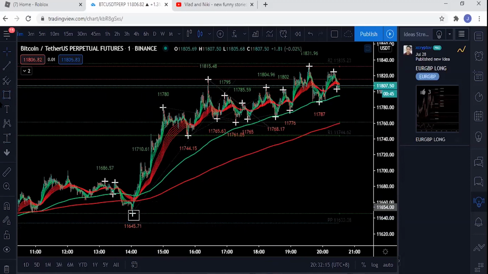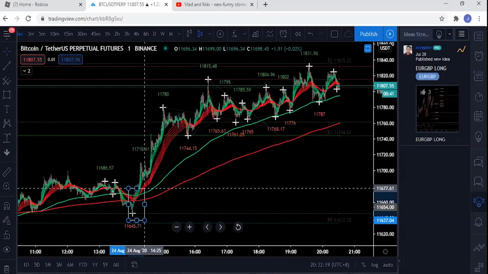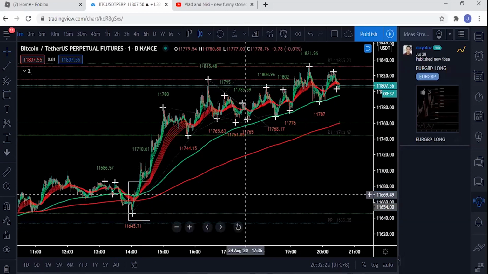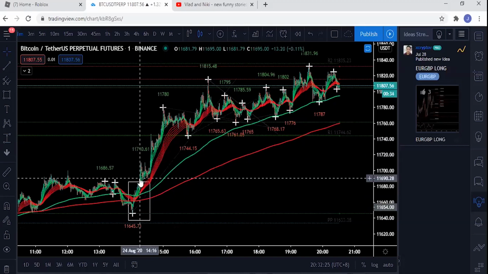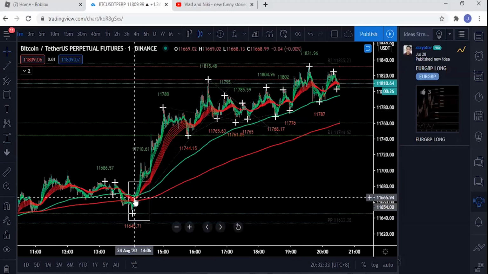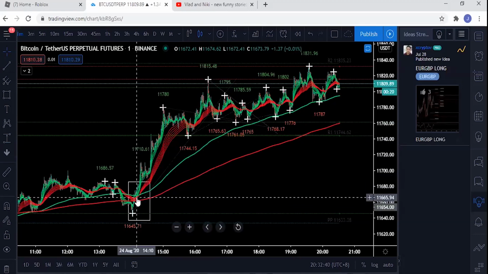Our first confirmation is our crossover. When the green waves cross over our red wave, it means we are going up. So you can enter here, in this area where there is a crossover.